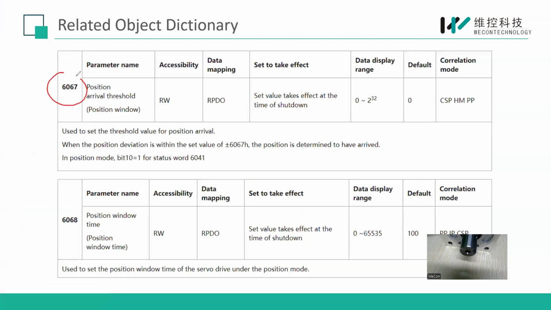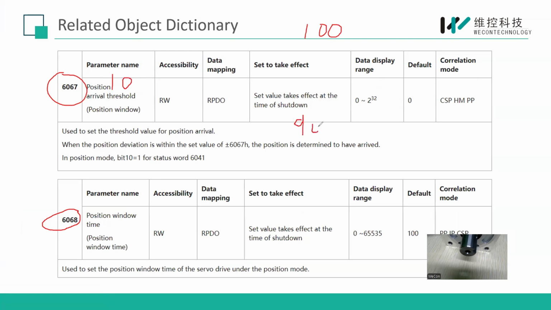So this parameter is used to set the range, and this parameter is used to set the time. For example, target position 100, and the window we set as 10.